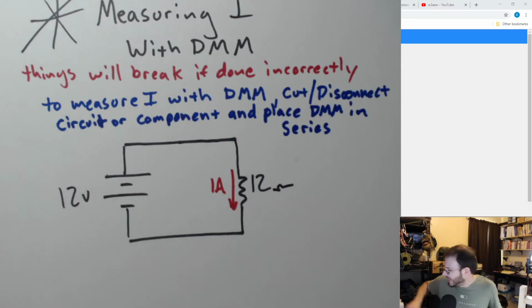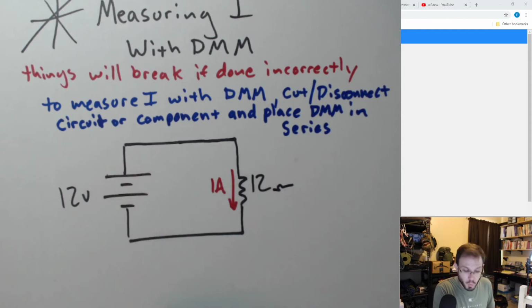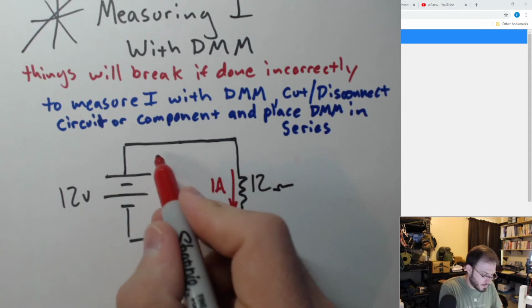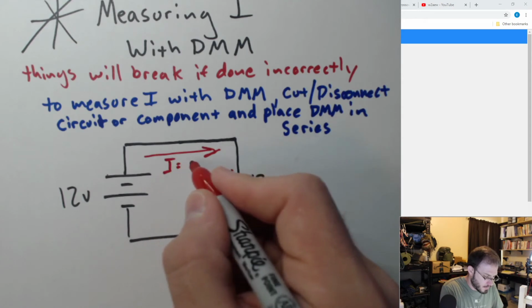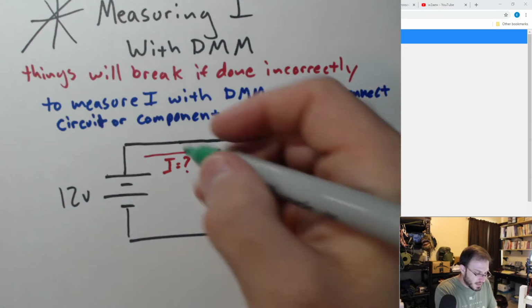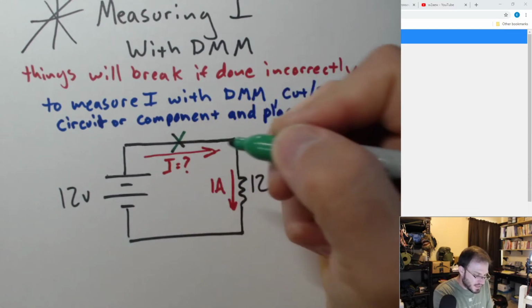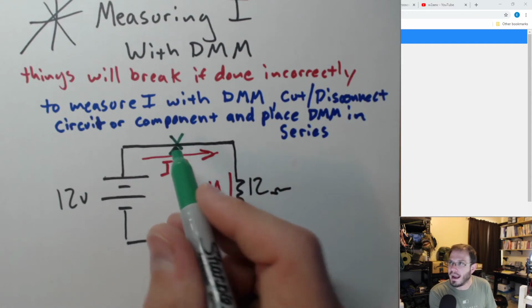Let's say I want to measure the current going through this wire. I need to physically disconnect the circuit, okay? I need to cut this wire.